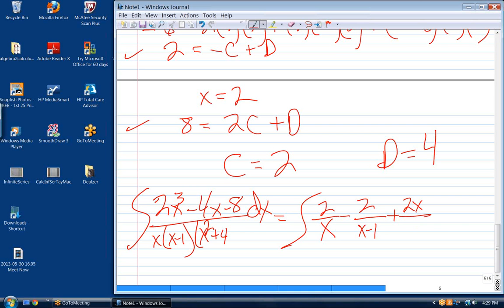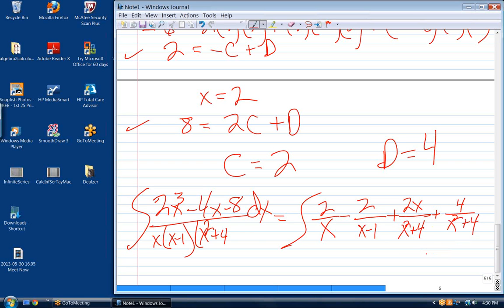Notice we now separate that. Originally we had Cx plus D over x squared plus 4. Now we're going to separate it into the C term and the D term. C was 2, so it's 2x over x squared plus 4, plus the D, which is 4 over x squared plus 4.